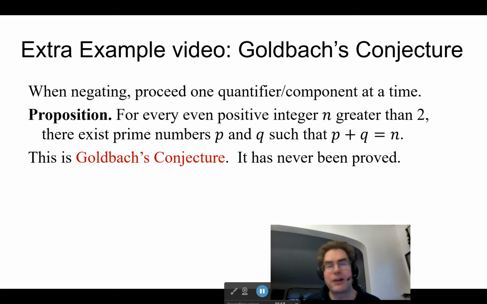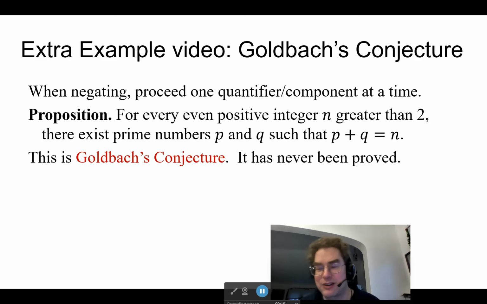Euler agreed. He thought it should be true as well. And Euler proved a lot of things, but he wasn't able to prove this, and neither was Goldbach. And in fact, in the 300 years since then, no one has ever been able to prove Goldbach's conjecture.